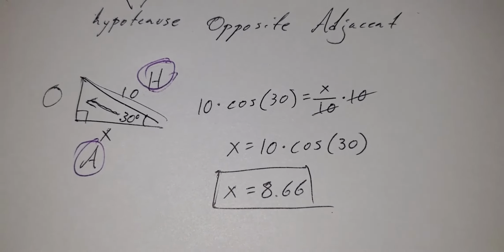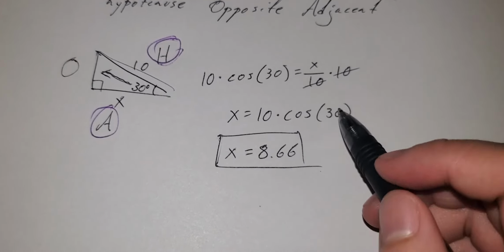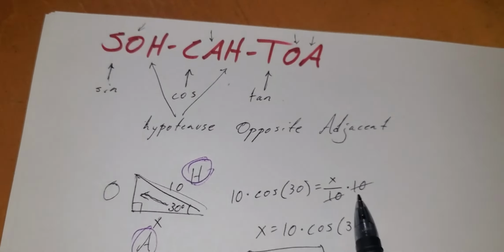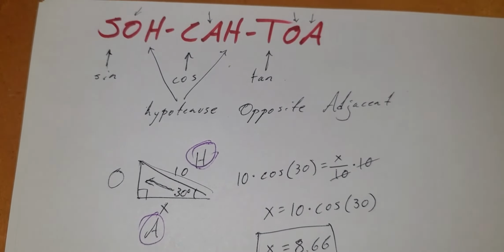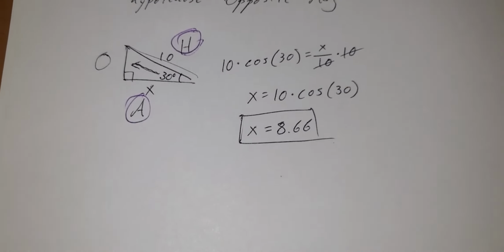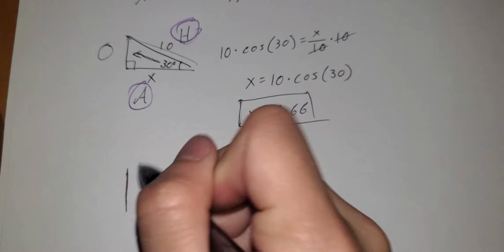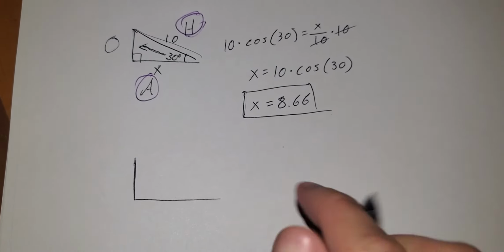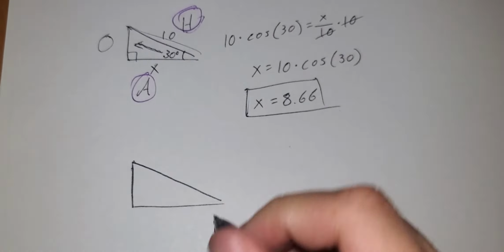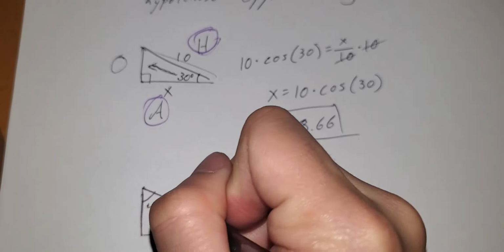Now I'm going to do one more example. Again, the process works the same for sine, cosine, and tangent. Do have in mind that labeling the triangle is sometimes different depending on the angle that you're given. So for this one, I'm going to give you this angle, and let's have it be 40 degrees.